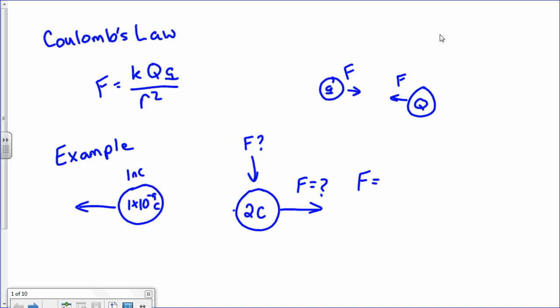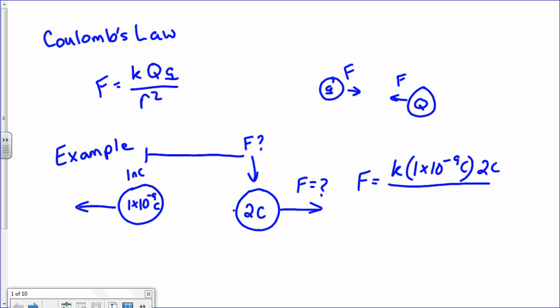So you'll certainly have a very simple question like this with just a couple of charges, and just what is the magnitude of the force. Next we'll do one with 3 charges, and that's more complicated. So this force is k, which is a constant, times the 2 charges, that's 1 times 10 to the minus 9 coulombs, times 2 coulombs, divided by the distance between them.